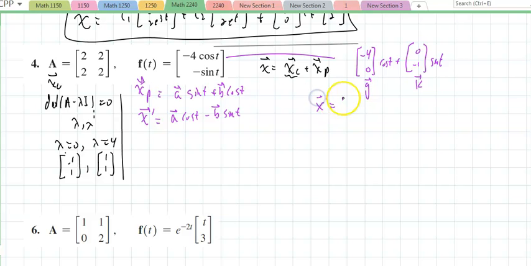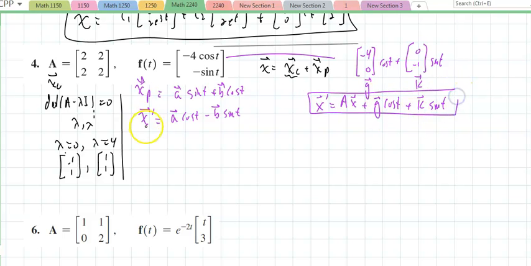So x prime is going to equal Ax plus g times the cosine of t plus k times the sine of t. When I take a derivative, I'm trying to satisfy this equation. Well, x prime is right there.